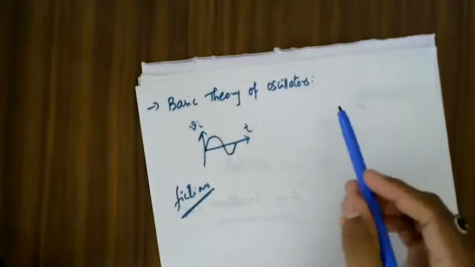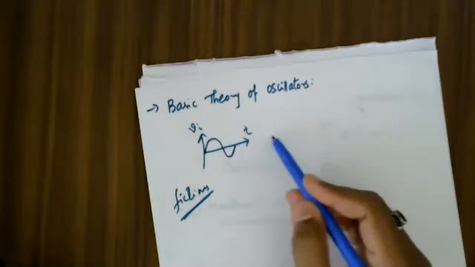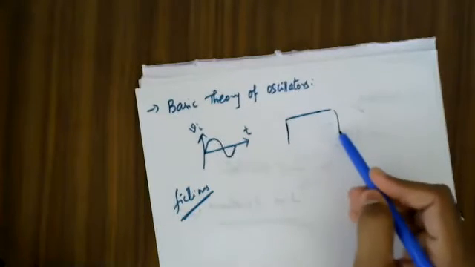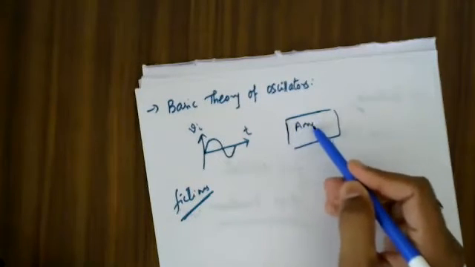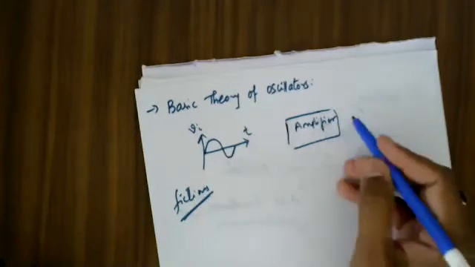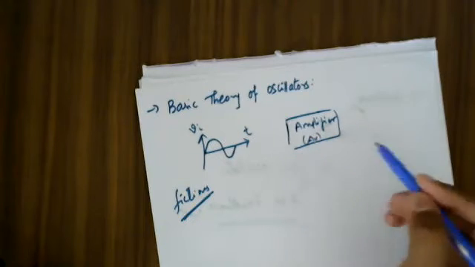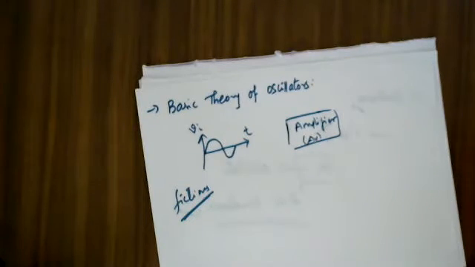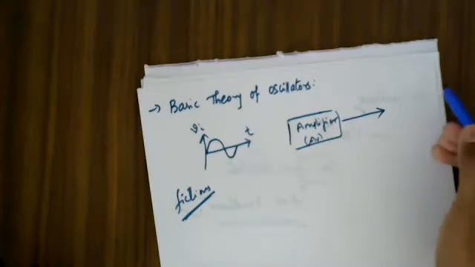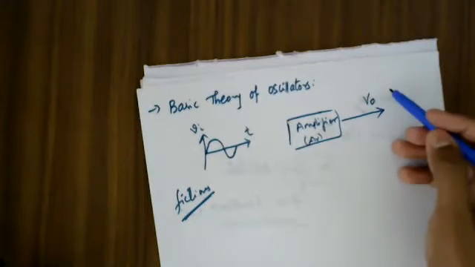Then this input signal I'm going to apply to my amplifier. So this is my amplifier. Let me say that this amplifier has a voltage gain of AV, and I'm going to get an output from this amplifier, denoted as Vout.